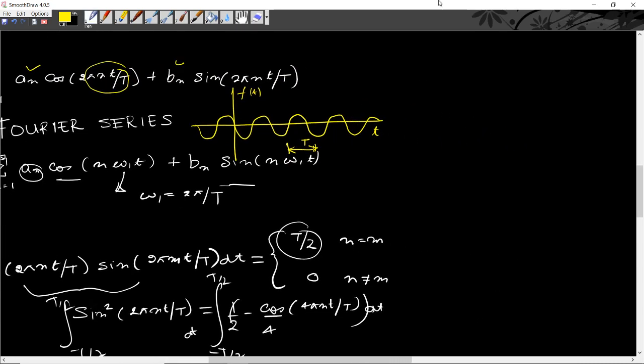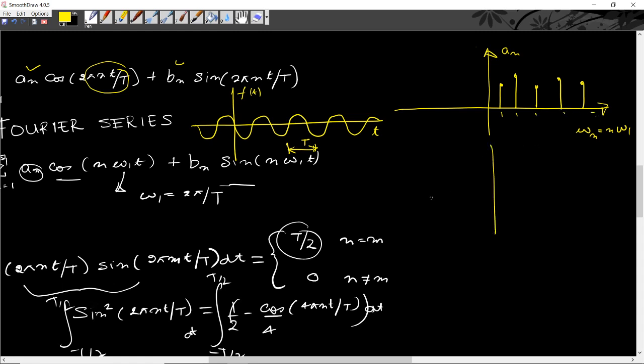So as we'll see later, instead of representing this function in the time domain, if we represent this function in terms of the frequencies, which will be n times omega 1, then all we need to represent this function is to just give the values of the coefficients at these discrete frequencies.